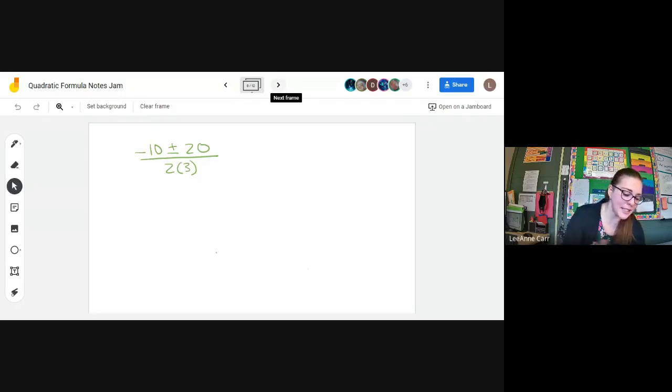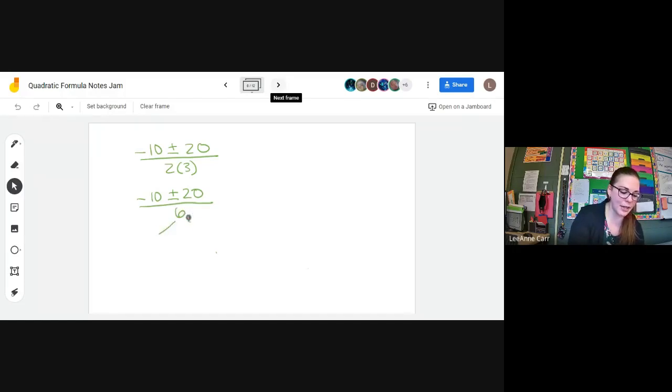Now, here's where things get a little bit tricky because I have this plus or minus sign. So that means I'm going to have 2 possible answers, and I'm going to have to do 2 simplification processes. I'm going to have to do one with a plus sign and one with a minus sign. Now, before I do that, I can simplify my denominator. So I can rewrite this plus or minus 20 all over 2 times 3, which is just 6.